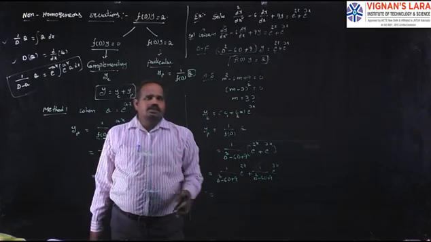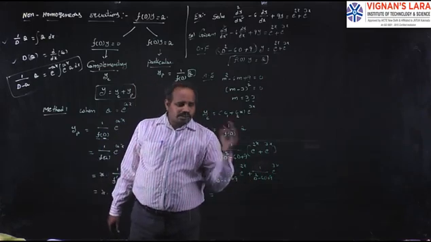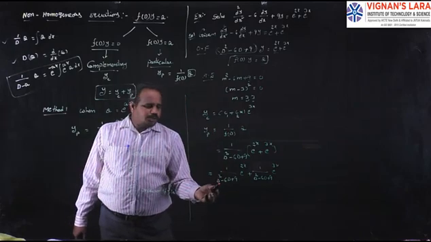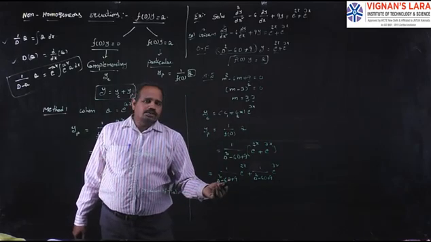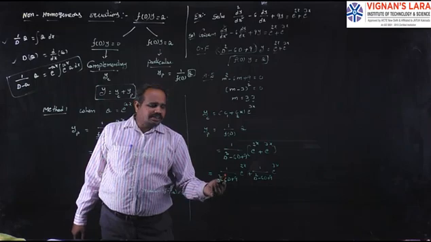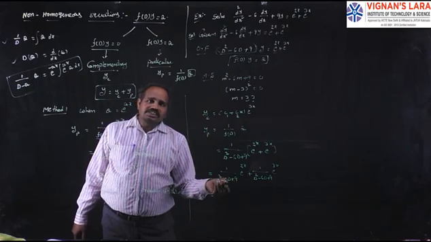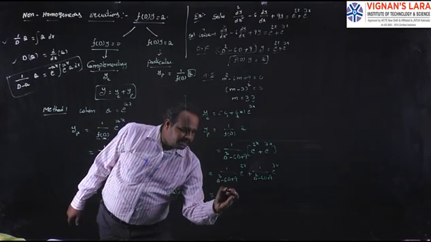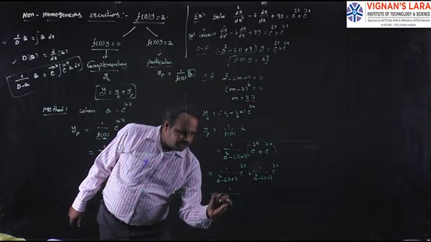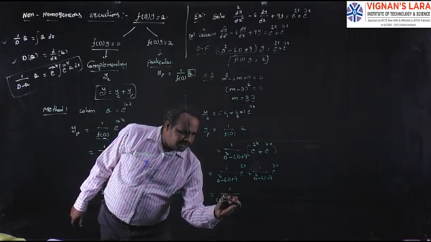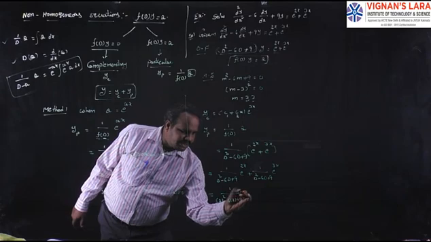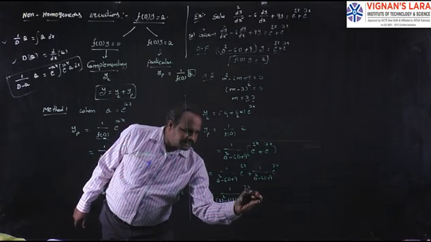Substitute 2 in this one: d as 2, 2 square is 4, 6 twos are 12, 4 minus 12 is minus 8, plus 9 is 1, which is not equal to 0. Substitute directly: 1 by 2 square minus 6 into 2 plus 9 into e power 2x.